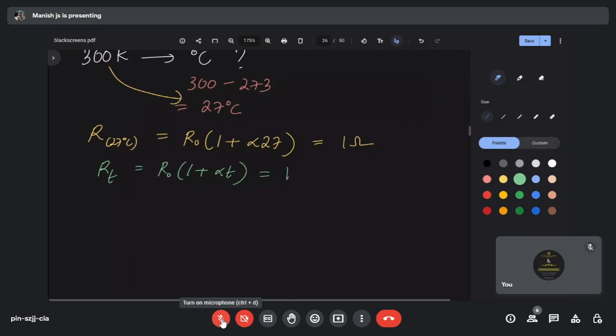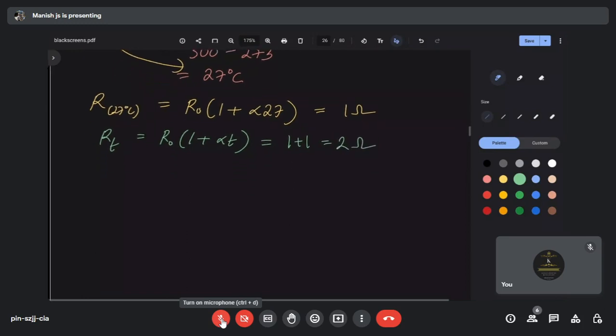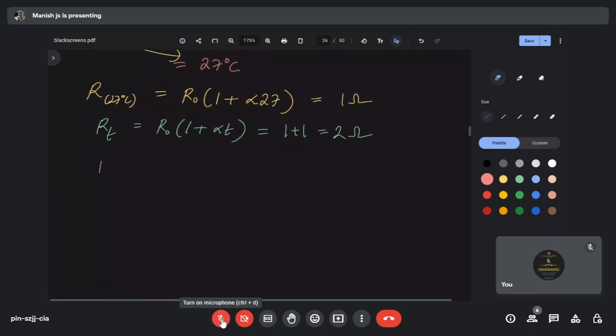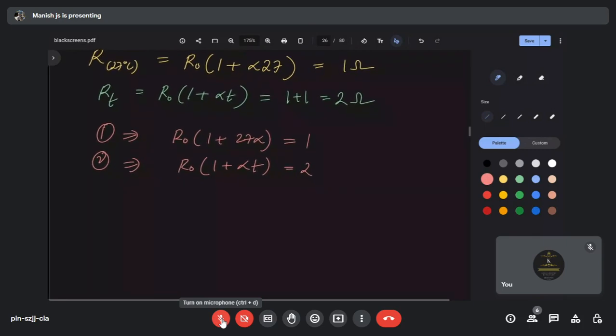So 1 plus 1 will give you 2 ohms. So we have two equations. We need to solve both. The first equation: R0 into 1 plus 27 alpha is equal to 1. From the second equation, R0 into 1 plus alpha T is equal to 2. These are the two equations that we have.